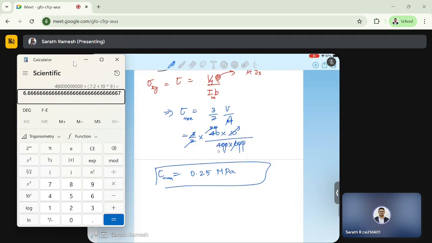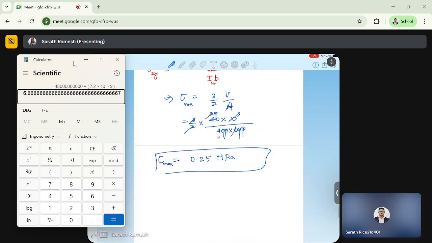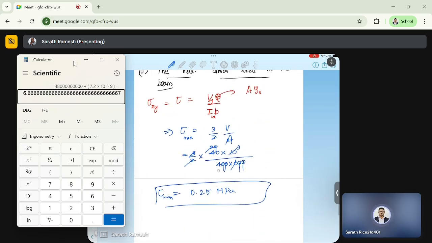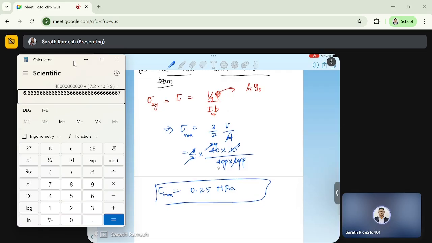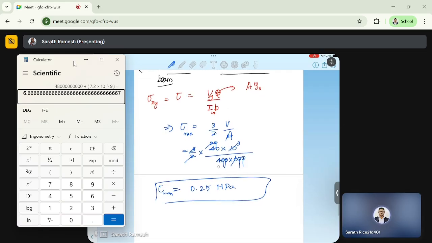Now, if you want the variation, again tau equal to VQ by IB: V is constant, I is constant, B is constant, Q is going to vary. Q is the area moment.